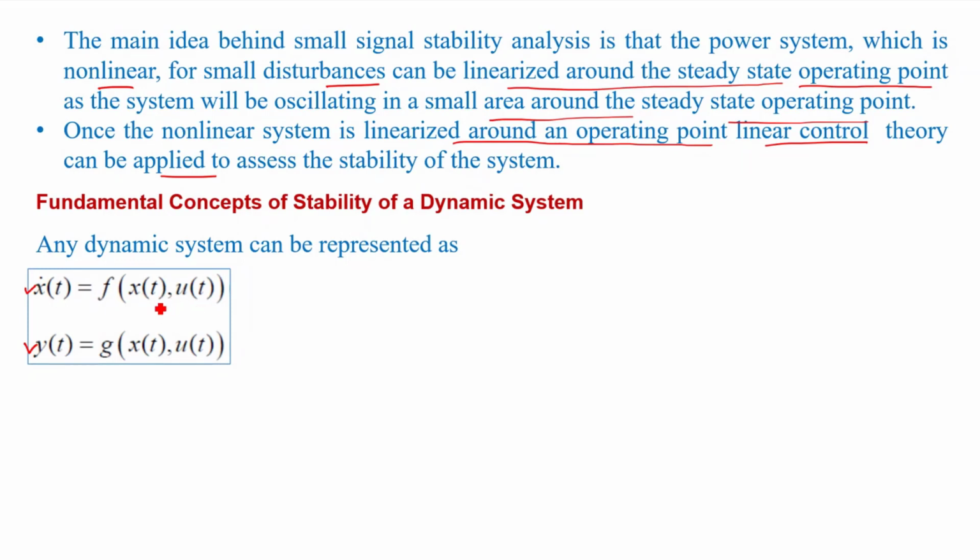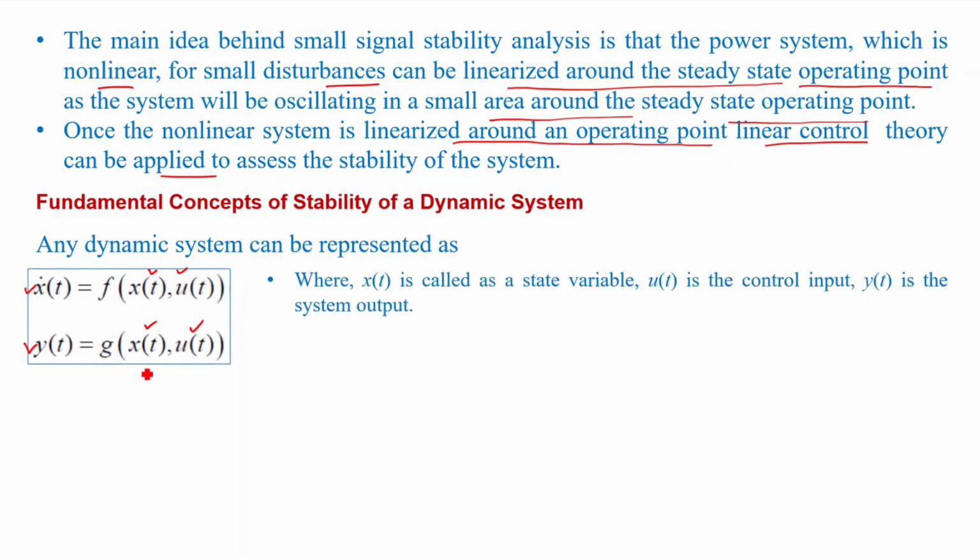That means it is a function of xt and ut. xt is the state variable, ut is your control input variable. yt is the output, which is also a function g of xt, ut. This we can say is a nonlinear representation, and we can linearize it, where xt is called the state variable, ut is the control input, and yt is the system output.